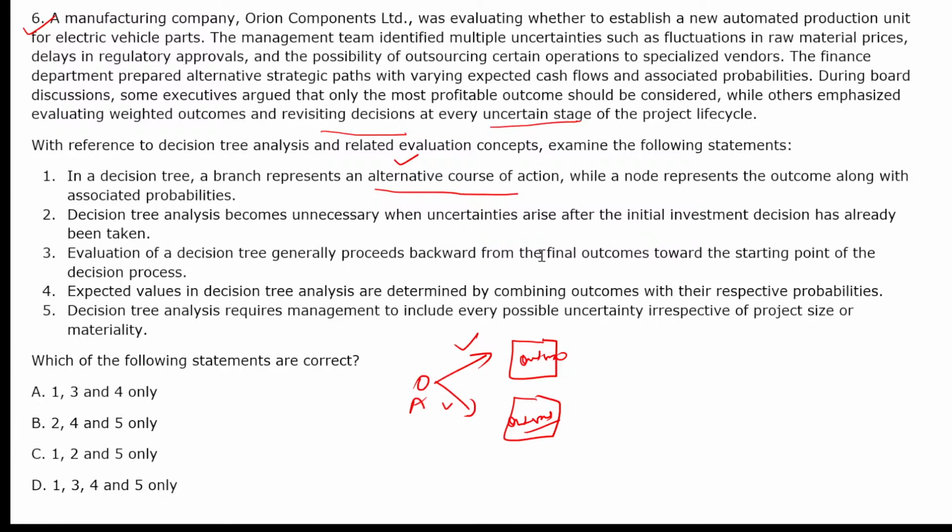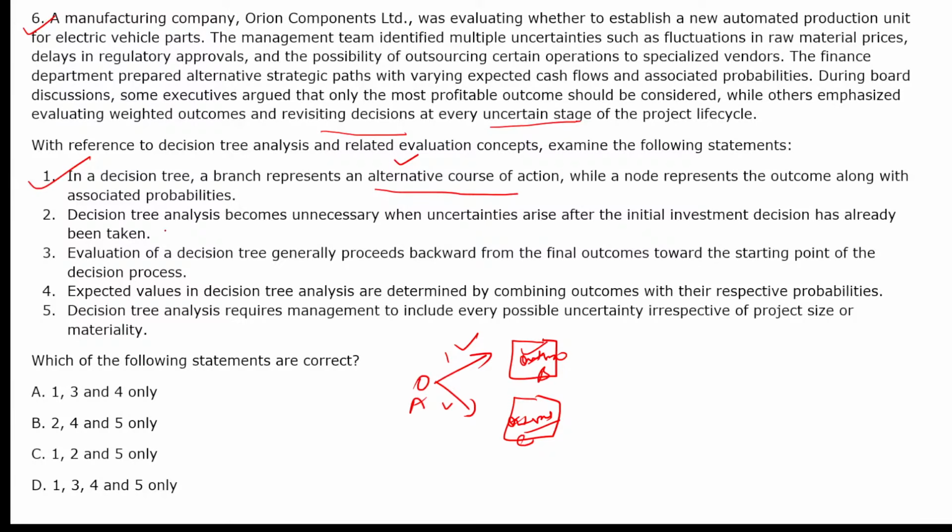Do you think this is correct? Yes, this is correct. Every node will tell you what is the probable outcome. So this is the branch, scenario 1, scenario 2, and these are the nodes. B and C are the nodes.